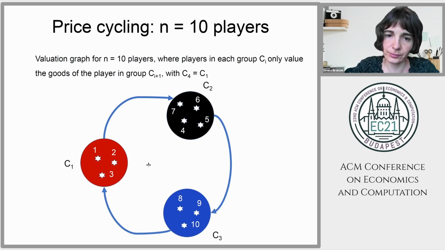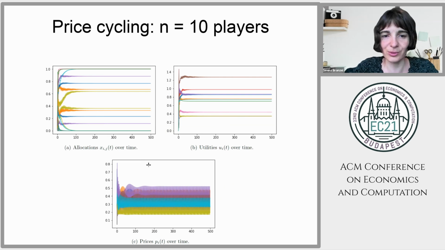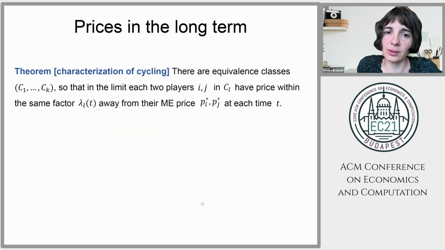We have some numbers on those, but this is what the allocations, utilities, and prices look like. So the prices have quite a lot of oscillations, which we can see on the plot. We show a combinatorial characterization of cycling of bids.